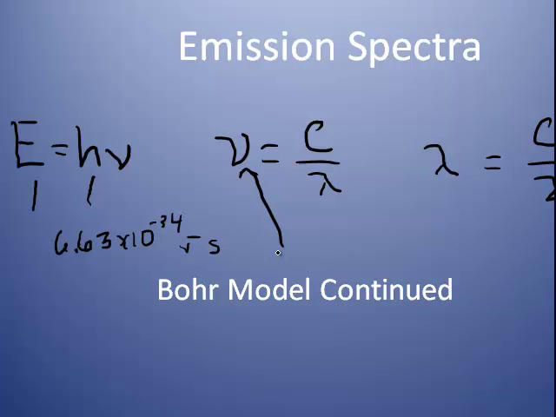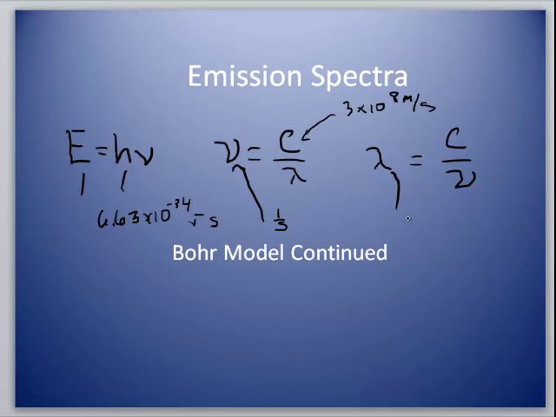Nu stands for frequency, and its units are inverse seconds. c stands for the speed of light, and its value is 3 times 10 to the 8th, and its units are meters per second. And lambda stands for wavelength, and its units are going to be in meters.